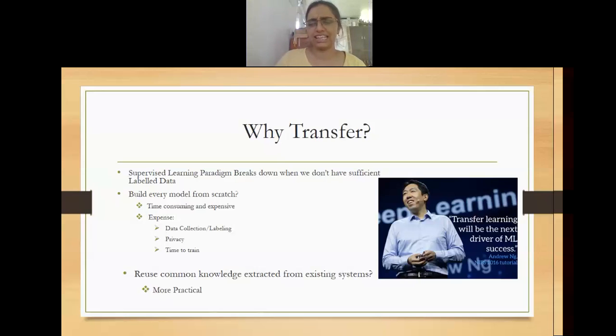In certain cases, you may not even get enough data to do the training. So in all these cases, you could go for transfer learning. You could use a machine learning model which is already there, and you can build upon that.